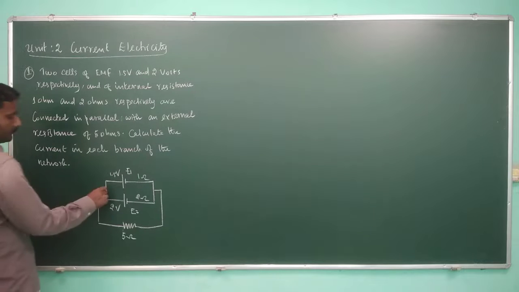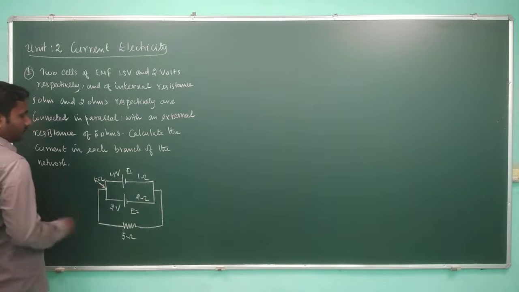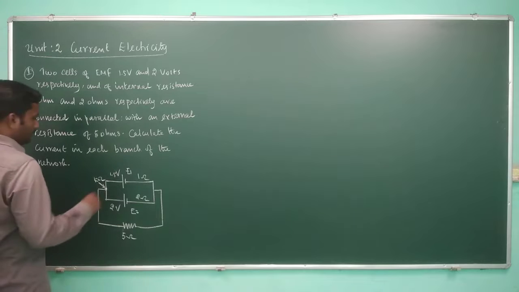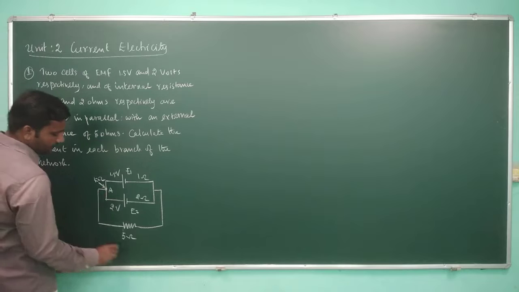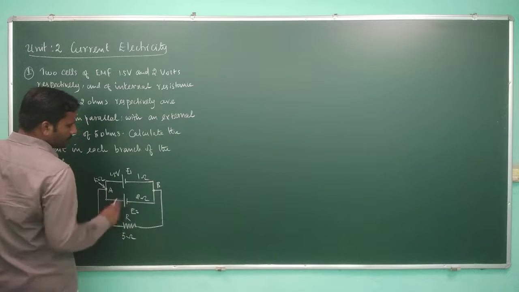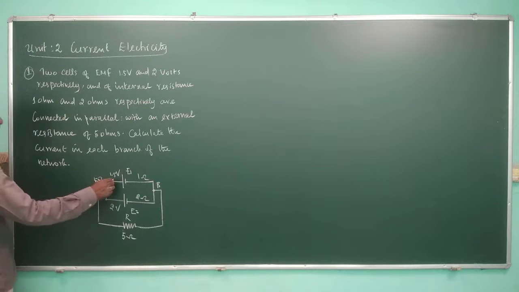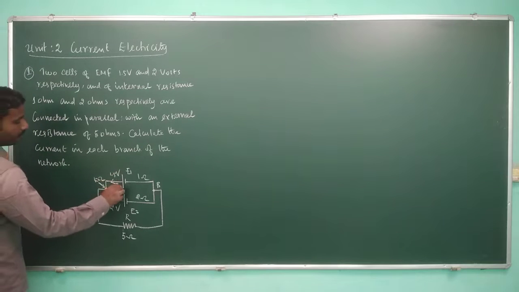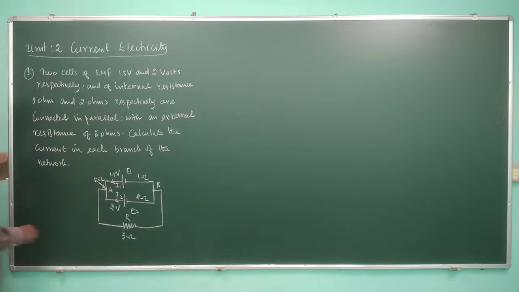So now at this node you can apply Kirchhoff current law. For the entire circuit you can apply Kirchhoff voltage law. For that purpose, let us define this A and this is R, this node is B and this is E1, this is E2. So at this node, you can define the current flowing through the battery. One is I1, then the current going through battery 2 is I2.